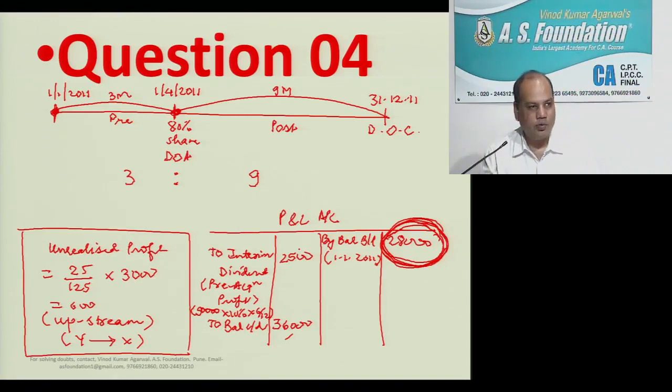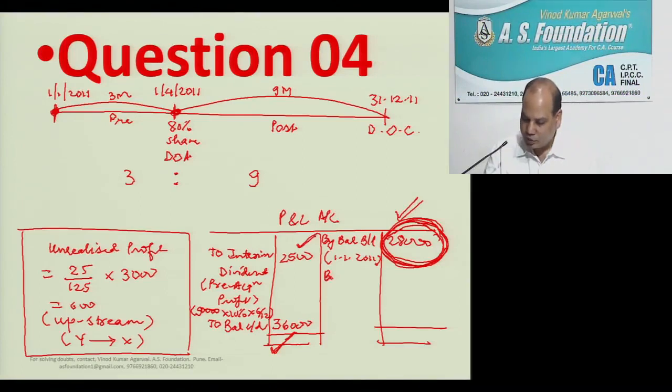Assumption: interim dividend was paid for 6 months and the term they have used is 10% per annum. If they are using per annum, we'll do the proportionate calculation for 6 months. Is it 2,500? So this is their closing balance given in the balance sheet, this is the opening balance and this is the dividend paid. So what can I say?